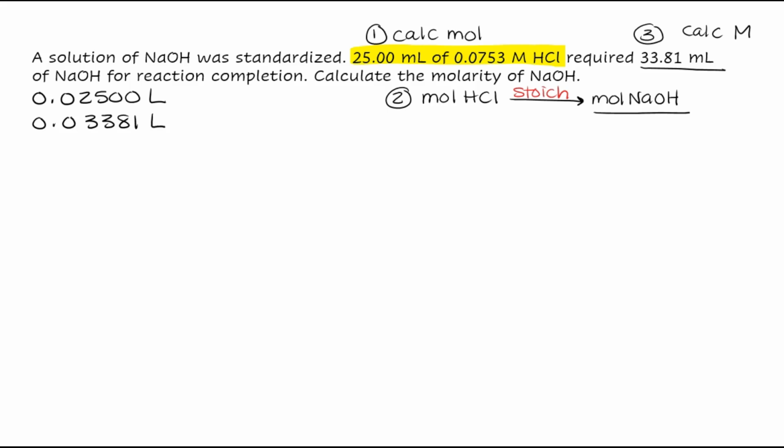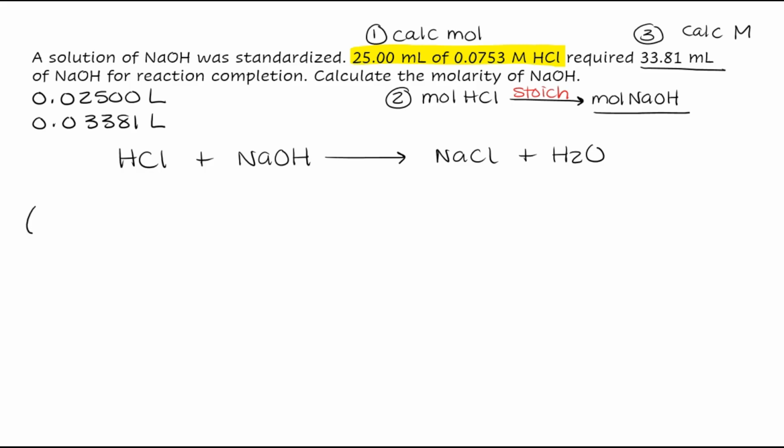And the last thing we need to do before we actually start working through the calculation is to write down our balanced equation. So our balanced equation is HCl plus NaOH going to NaCl plus H2O. Okay, now we're ready to begin.